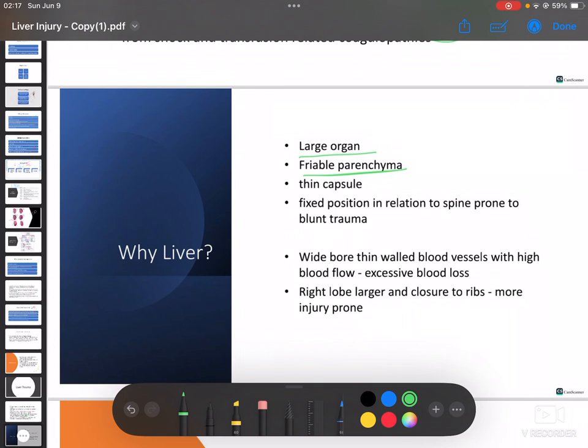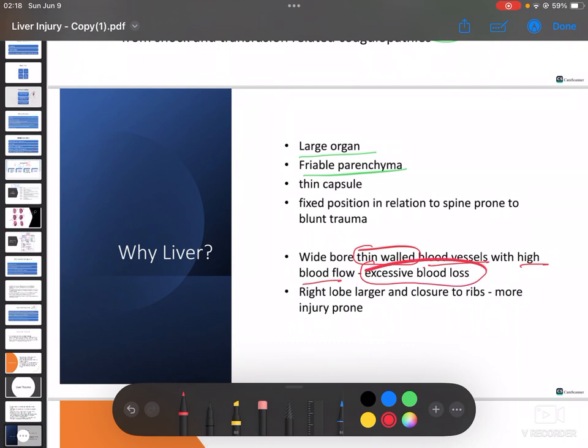Wide bore thin walled blood vessels with high blood flow cause excessive blood loss. The thin wall can be ruptured very easily, and there is high blood flow, so there is excessive blood loss.